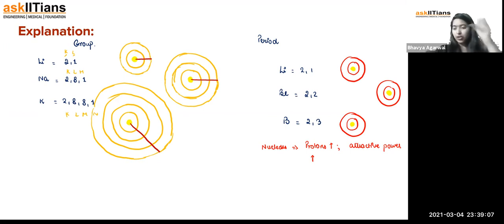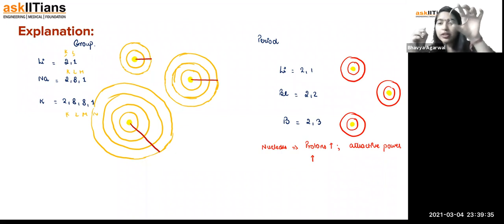So as a result, what will happen? Suppose this is your nucleus, right? All right, so I'll take this part. Suppose, can you see this? All right.